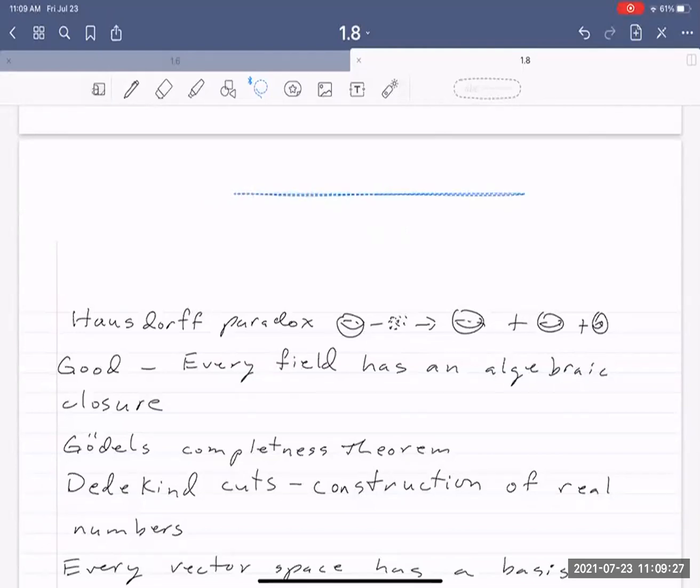You can fill in the rational numbers so that after you've taken all these irrational numbers, it becomes such that in between any 2 real numbers is a real number. It is what's called complete. So that's nice that I can take the rational numbers, any field, in fact, and find its algebraic closure.